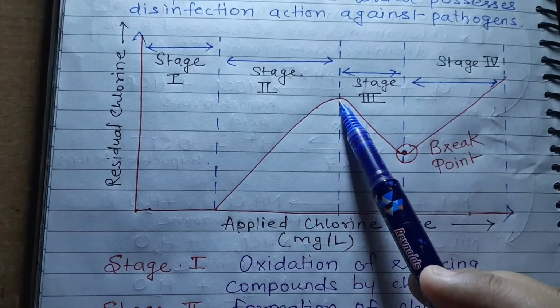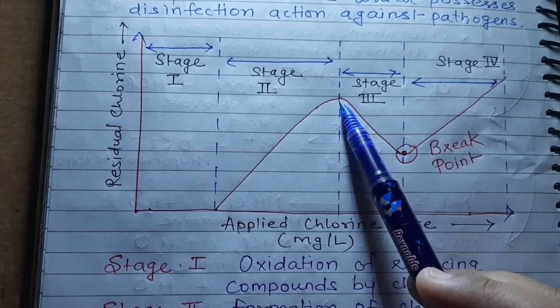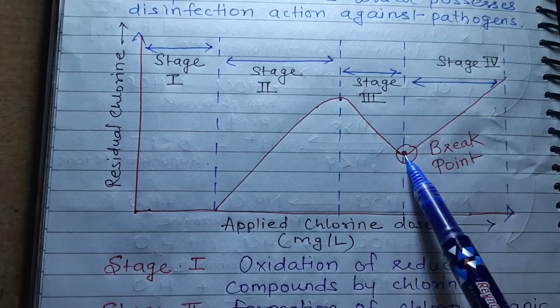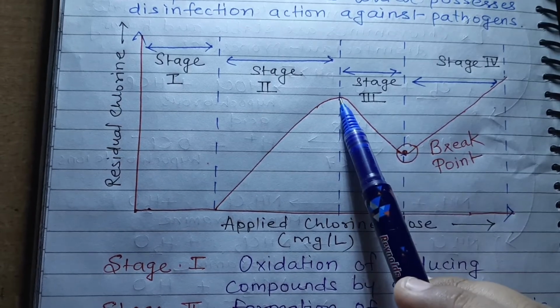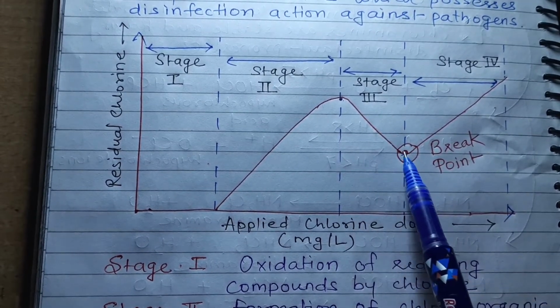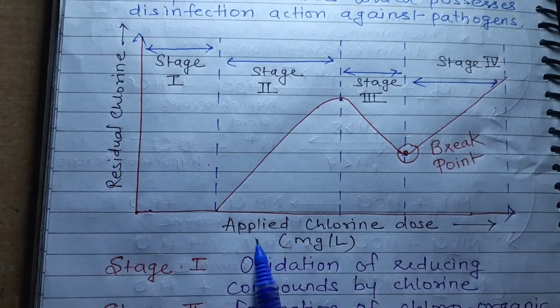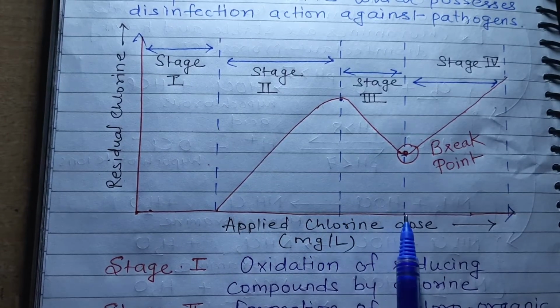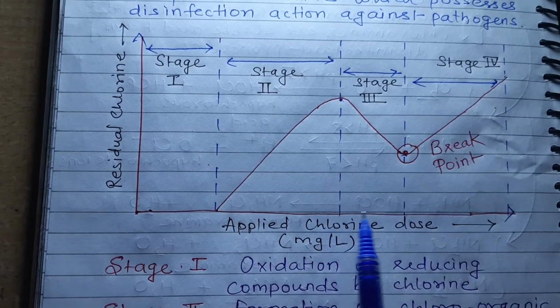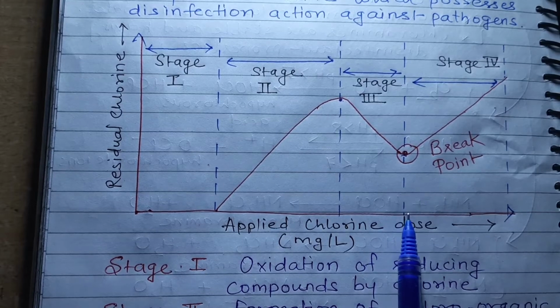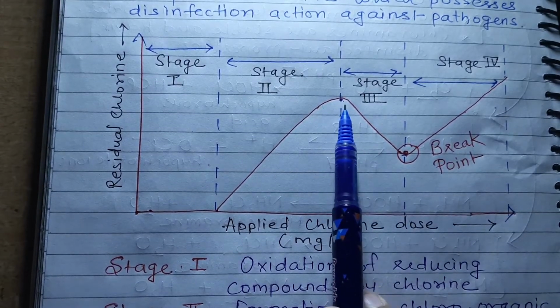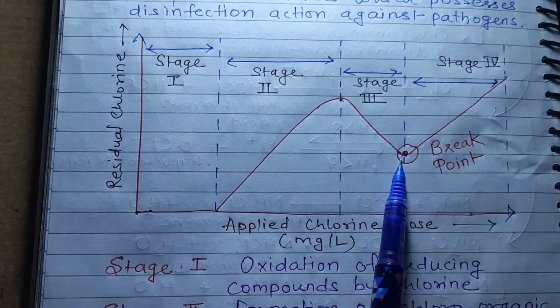Now here you can see after this point what happens. This is stage 3 up to here. In stage 3, suddenly there is a fall in the residual chlorine as you further apply the chlorine dose. More and more chlorine dose you are giving, and what happens? Suddenly there is destruction of the chlorine compounds.